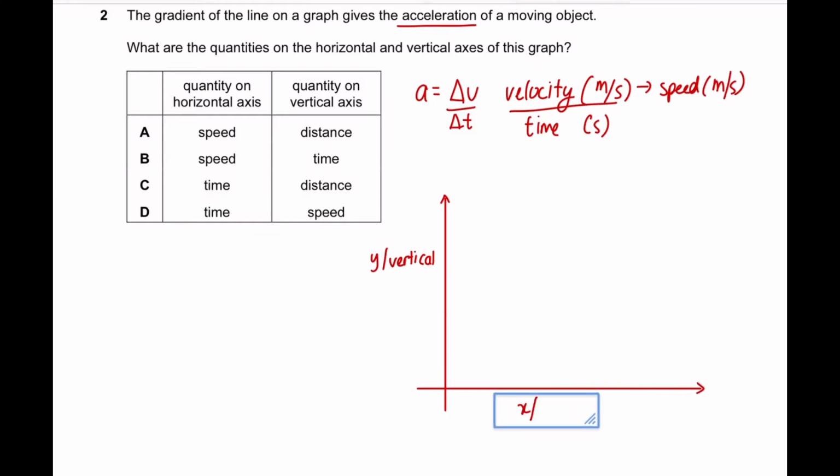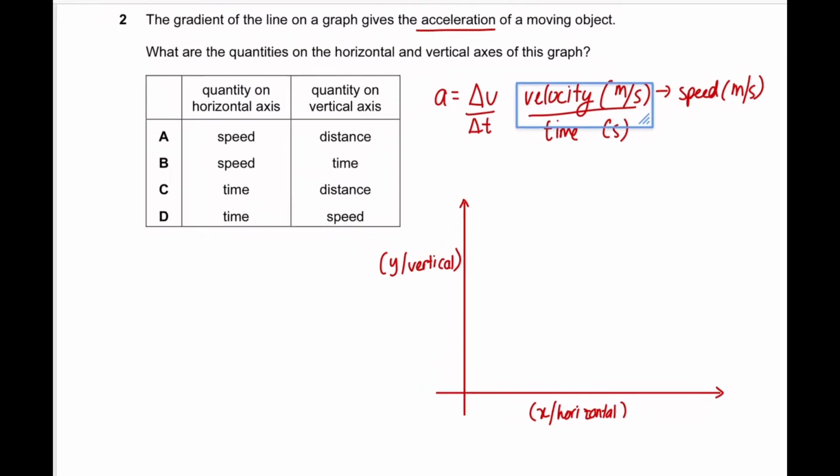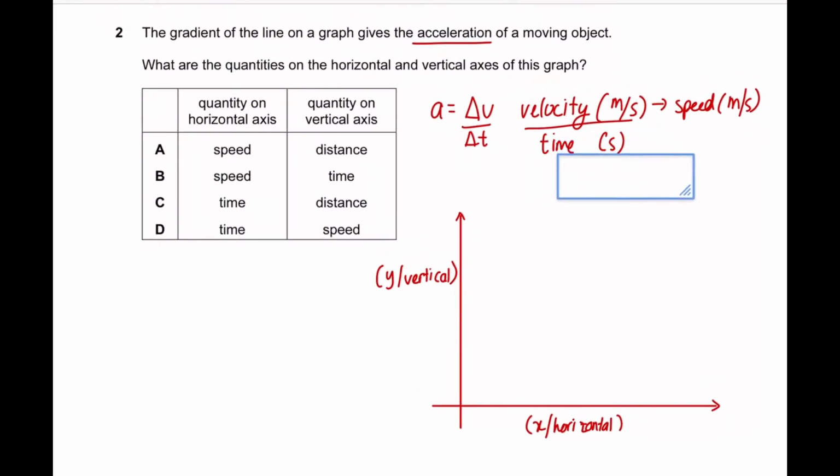Okay, I don't think I should write it on there. X-axis or horizontal axis. Please do not label like this. This is just for guidance. So, with the guide of this formula, we can see the similarity in gradient formula.